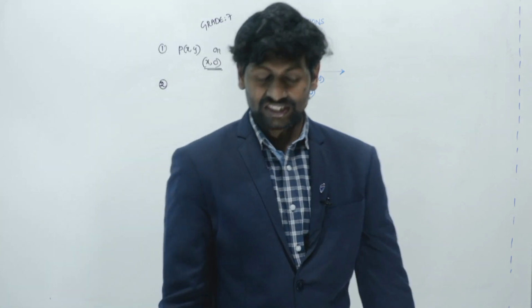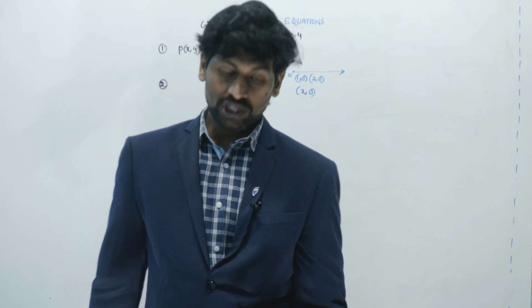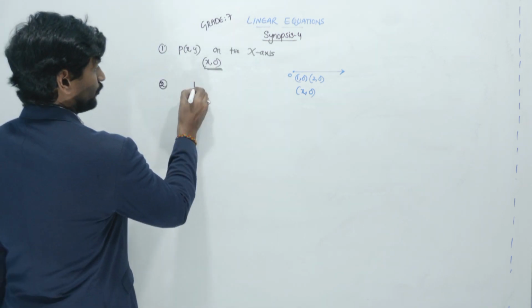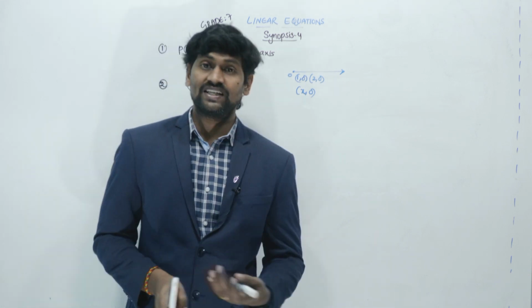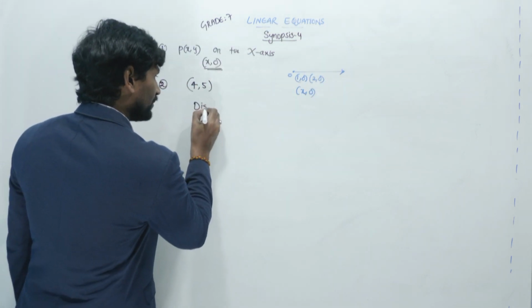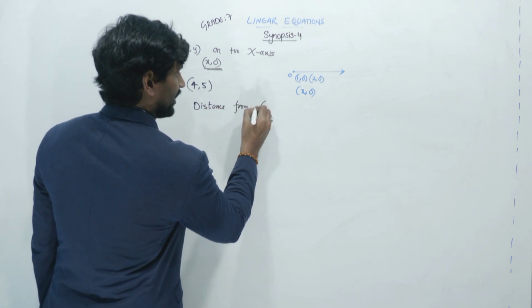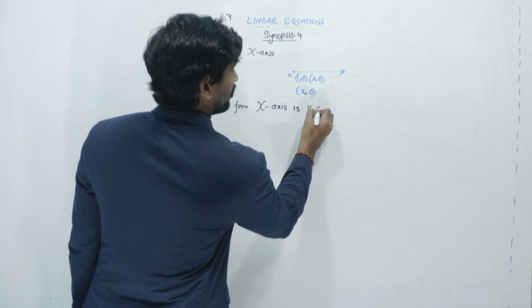The second question is given that the perpendicular distance of the point (4, 5) from the x-axis. The point (4, 5) is given, the perpendicular distance from the x-axis. Distance from the x-axis is always the y coordinate.